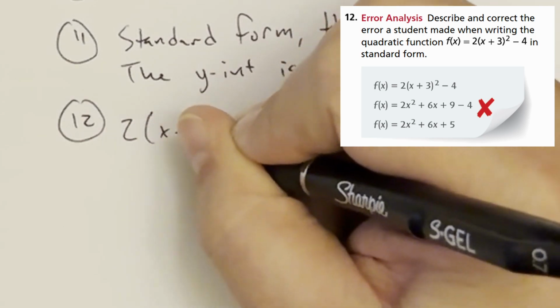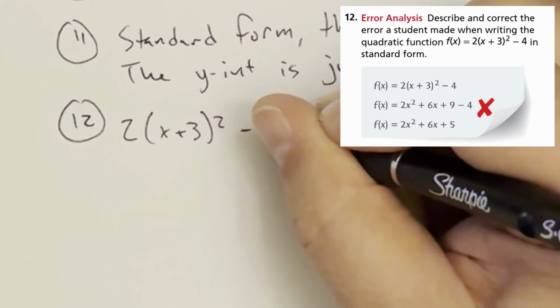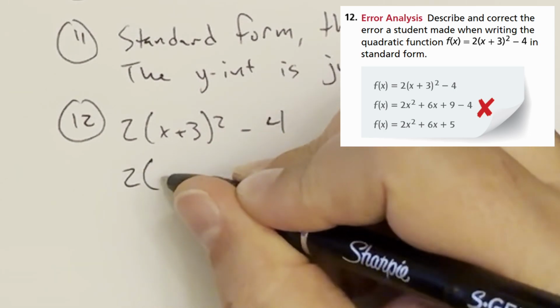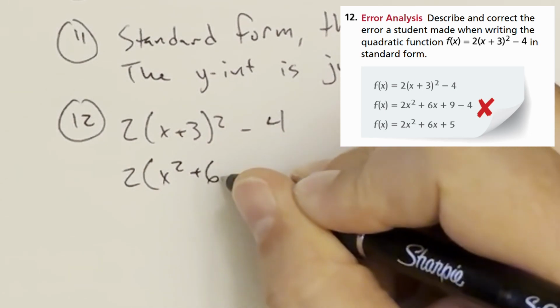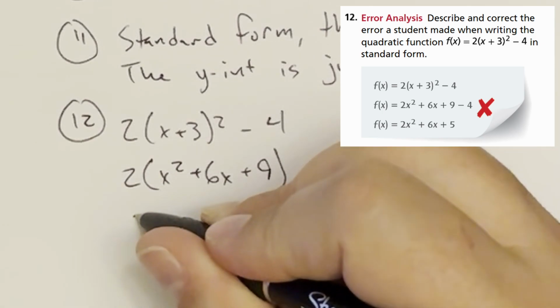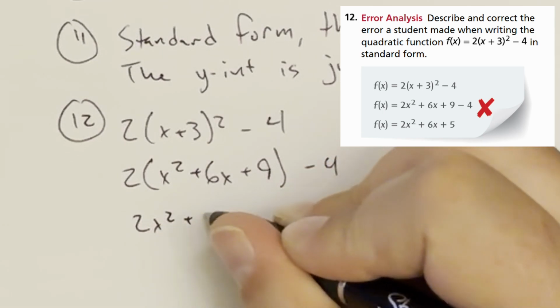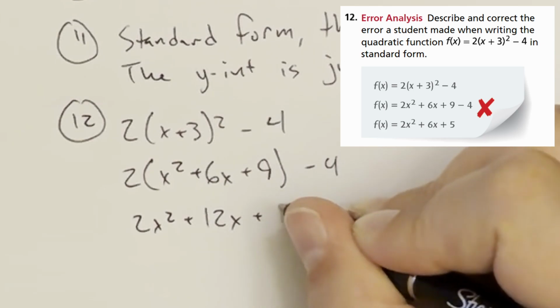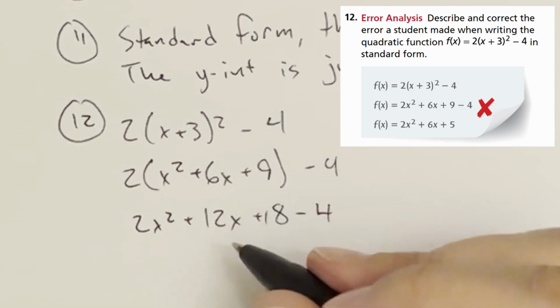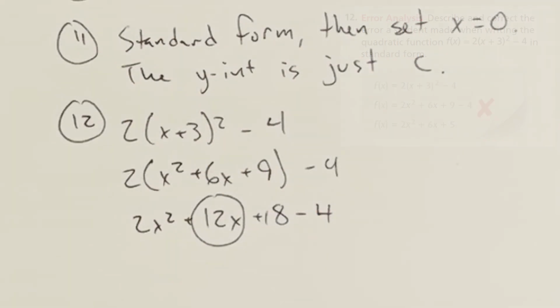So we have 2 times (x squared plus 6x plus 9), still minus 4 at the end. Multiply the 2 through the parentheses. We get 2x squared plus 12x plus 18 minus 4. So it's plus 14 at the end. And the 12 was what they should have got. They forgot to multiply by 2.